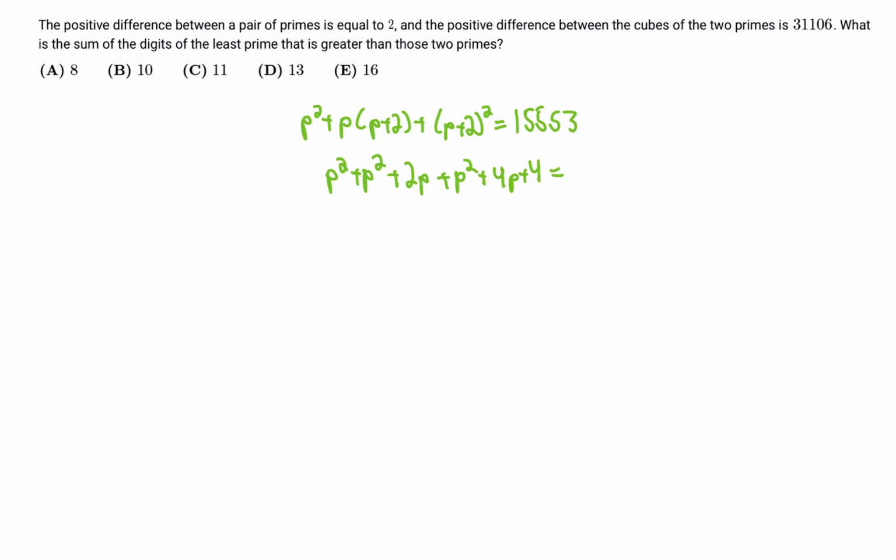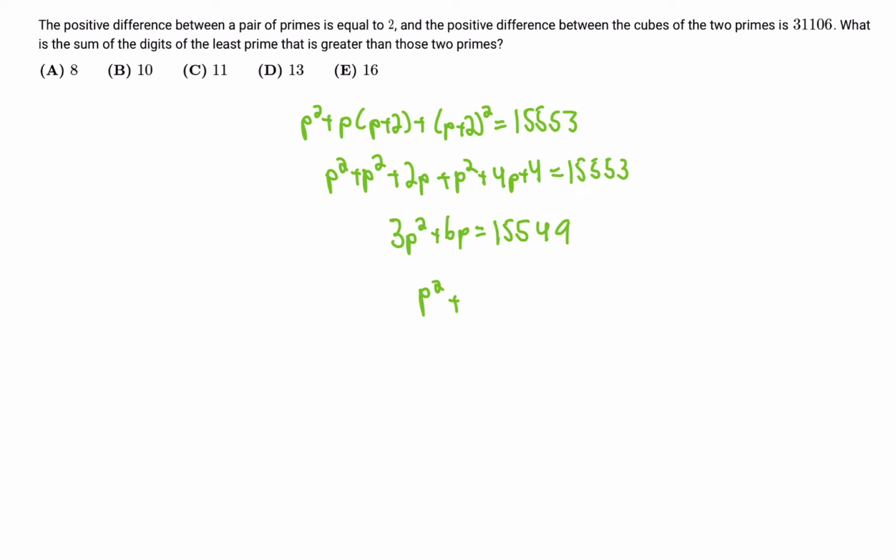And that equals 15553. So this equals 3p squared plus 6p is equal to 15549. And both of these are divisible by 3, so then we can divide by 3.